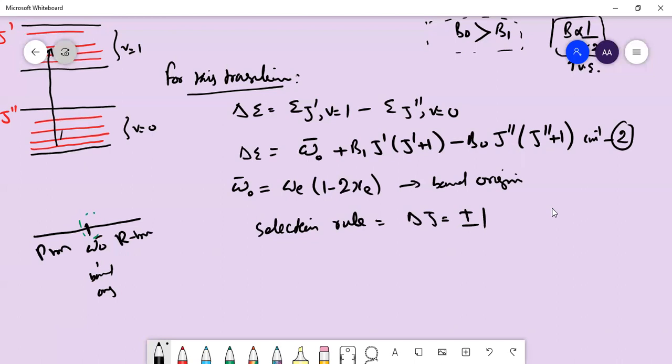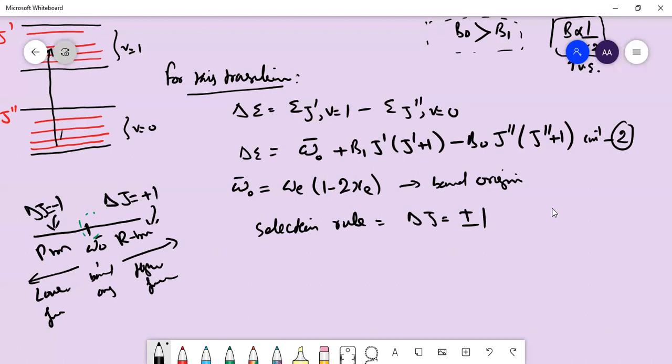And we already know that delta J is equal to +1 for R branches and delta J is equal to -1 for P branches. It means one is going towards the left side of the band origin, that is towards lower frequency, and one is towards the right side, that is higher frequency from the band origin.